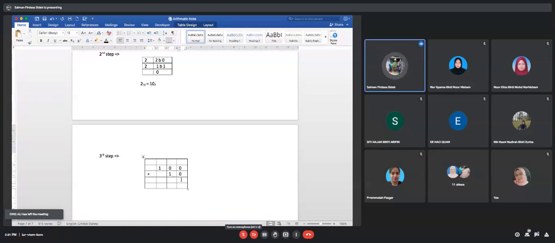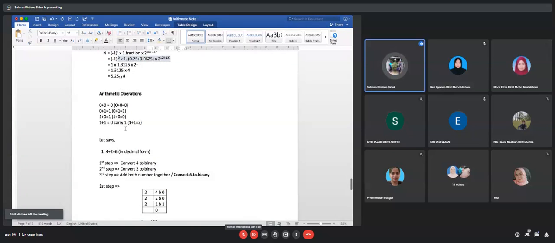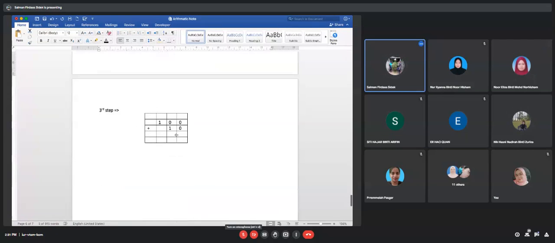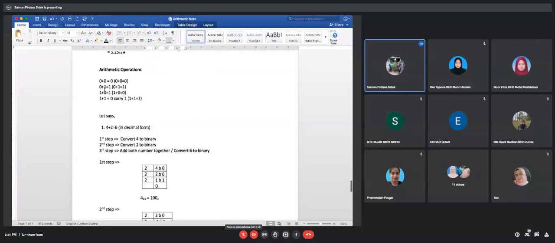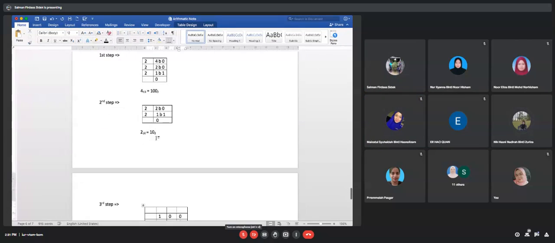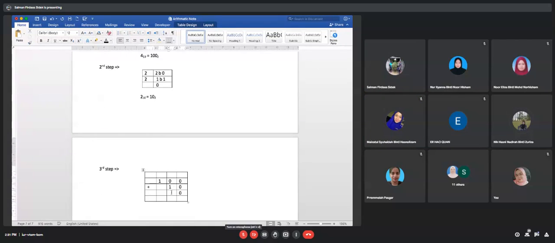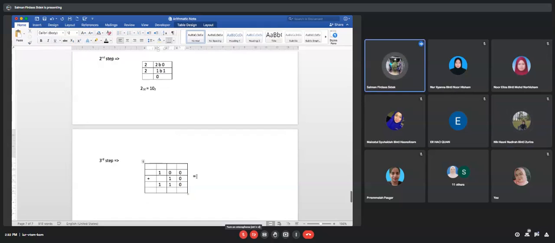So we will get, okay, 0 plus 0 is 0. 0 plus 1 is 1. And then 1 here, we just bring it down, 1. So this is the process of the addition operation in binary representation.